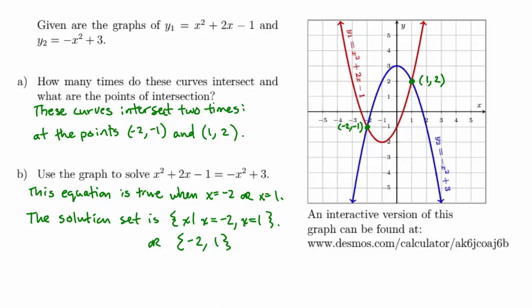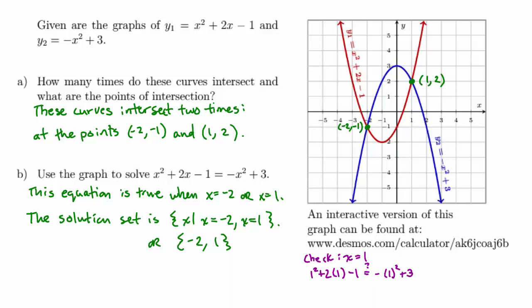So let's do a quick check and see what this looks like. I'm going to check the value of 1 as a solution, and I could do the same thing for negative 2, but I'm only going to check where x is 1. I'll plug 1 into this equation. So I'll get 1 squared plus 2 times 1 minus 1, and I'm checking, does that equal the negative of 1 squared plus 3?